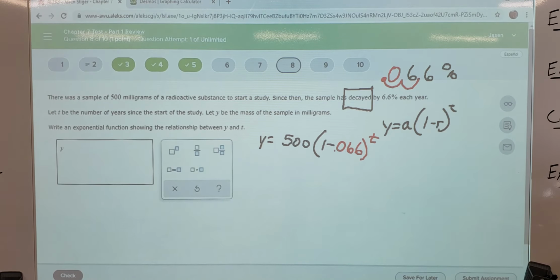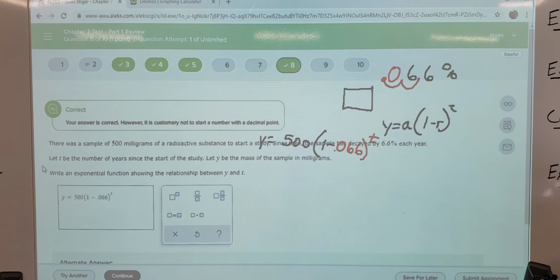So it's y equals 500, then the bracket 1 minus 0.066 to the power of t. And check it. And your answer is correct.